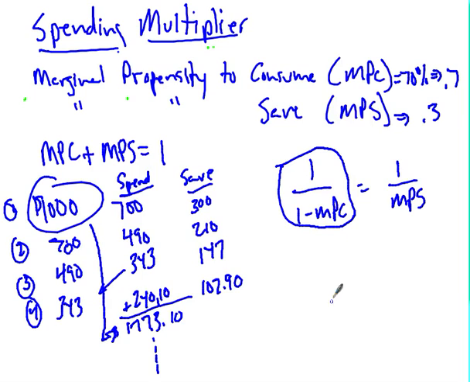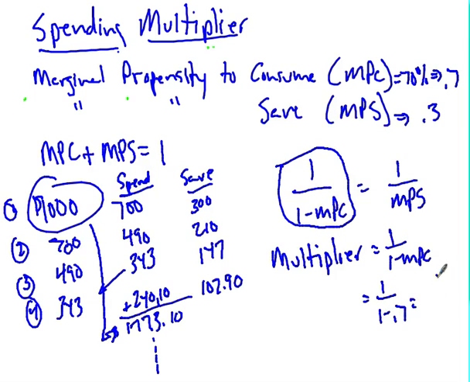All right, so let's do a quick example. Let's calculate the total dollar value. We want to figure out the size of the multiplier. So the size of the multiplier equals 1 over 1 minus MPC. That is 1 over 1 minus 0.7, which equals 1 over 0.3.